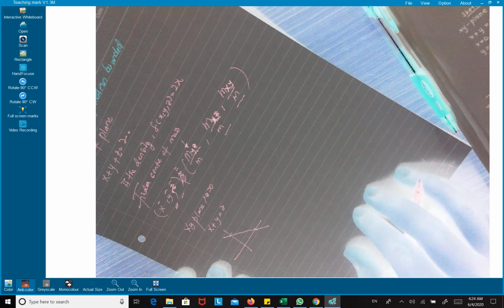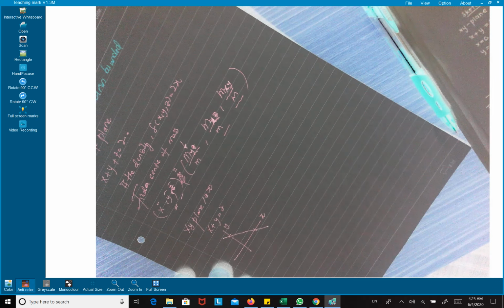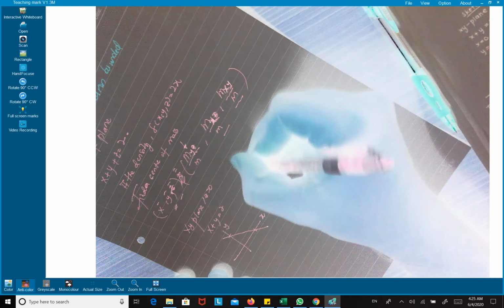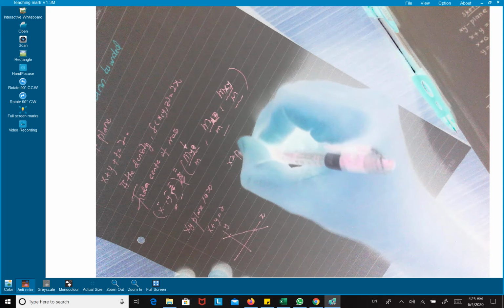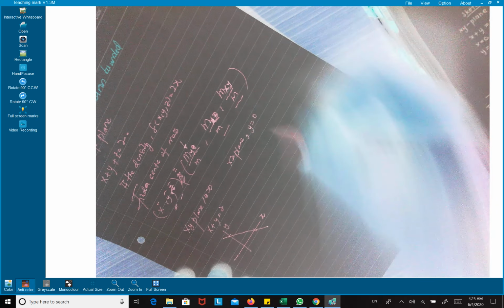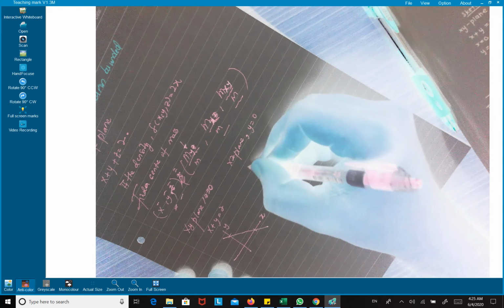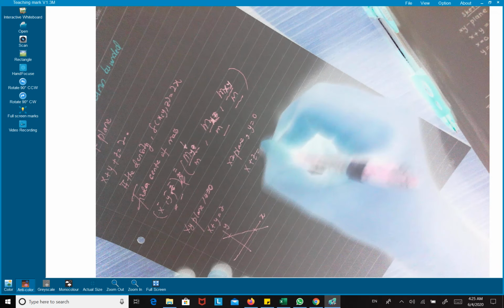Then the xz plane: when y is 0, x plus z equals to 2.